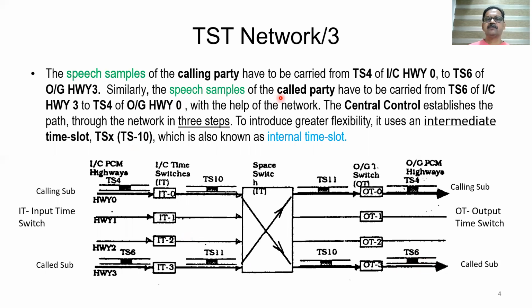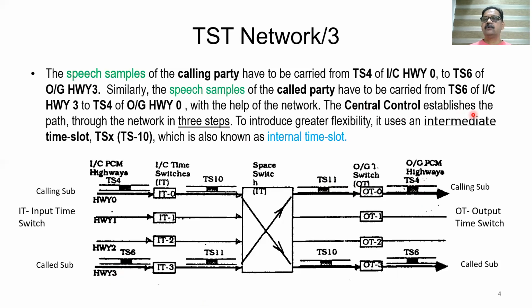The speech samples of the called party have to be carried from TS6 of incoming highway 3 to TS4 of outgoing highway 0 with the help of the network we are considering. So the called party's speech in TS6 of highway 3 is to be connected to TS4 of highway 0.